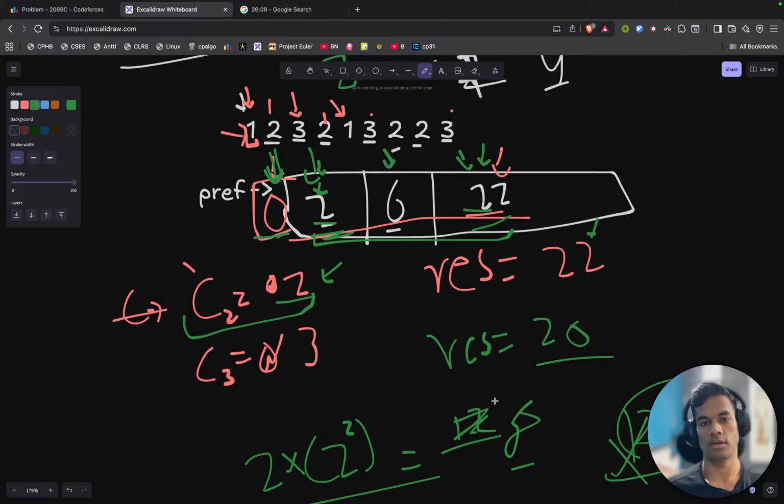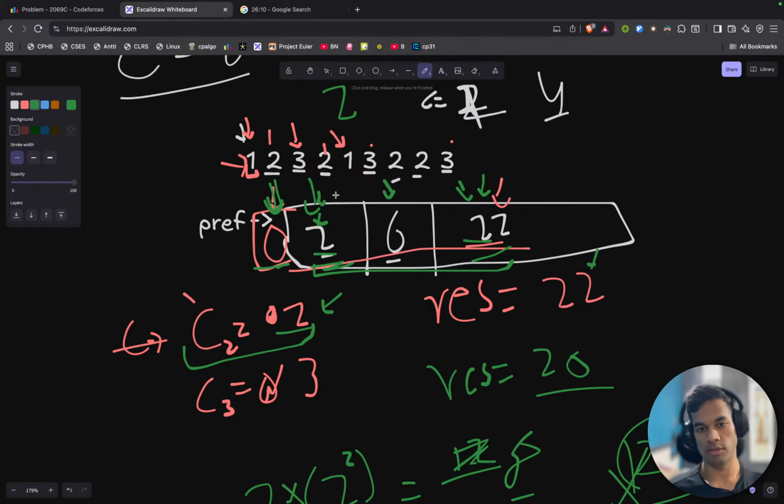Okay, yes, 12 is wrong. 1, 2, 4. This is the number of twos which we had seen there.